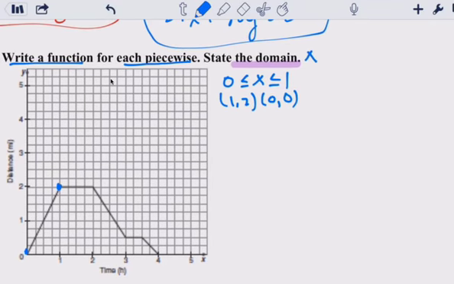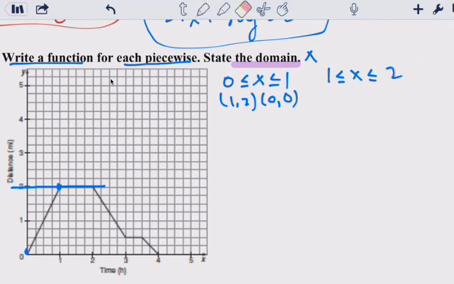The piece number 2 is this one. It's this line. You can do, okay, if you forget, you can always use slope-intercept form. Point slope. That is from 1 to 2. Oh, not 0. From 1 to 2.